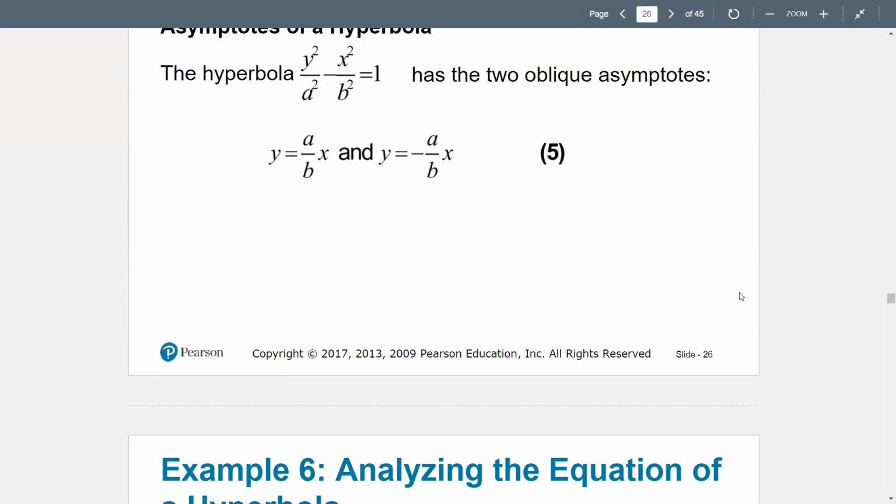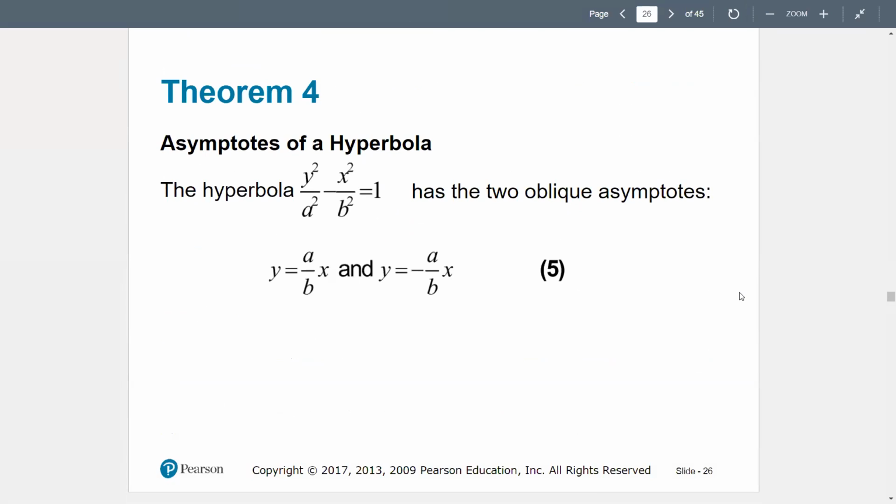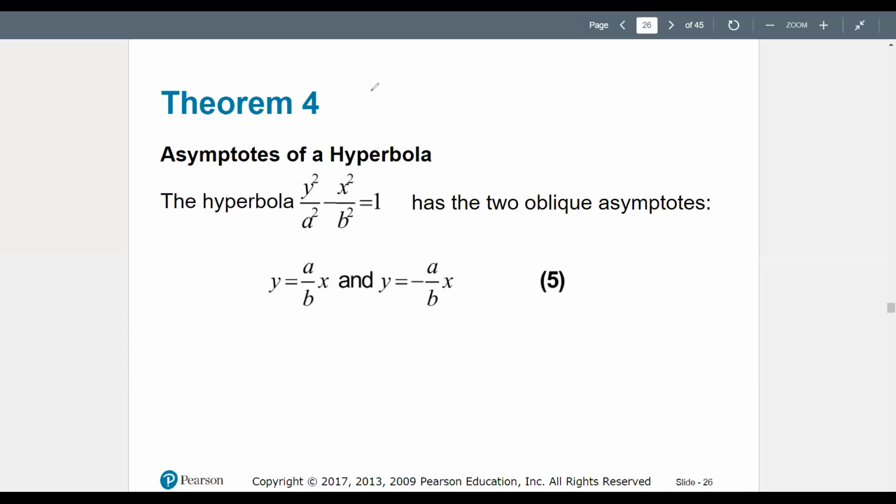So if you had to prove this, you can take the approach of starting from this function. If we start from here, then we need to solve for y.